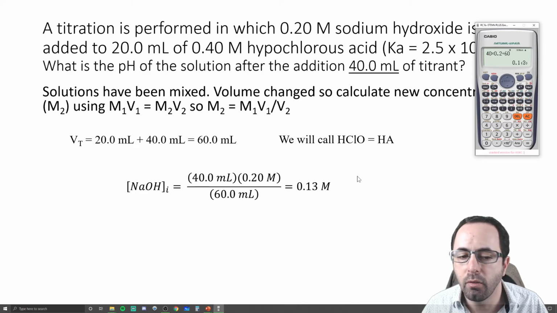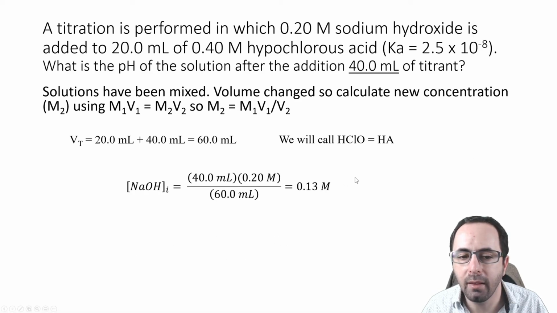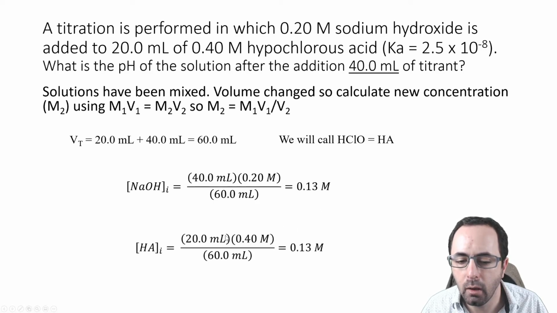Now, for the weak acid, volume 1 is 20 milliliters of hypochlorous acid. Molarity 1 is 0.4 molar. Volume 2, the total volume, is 60 milliliters.